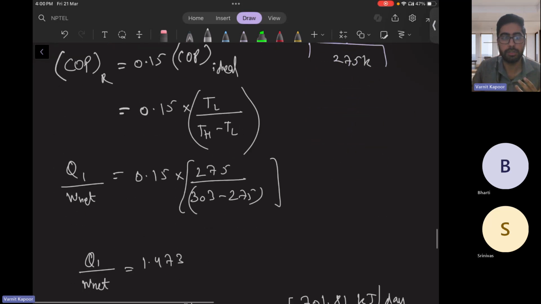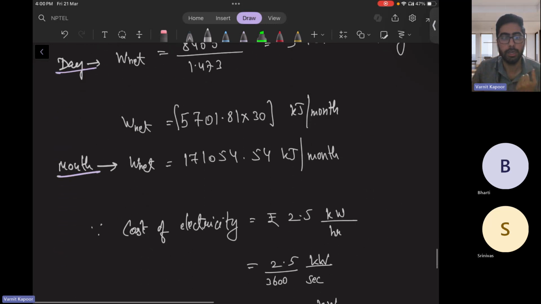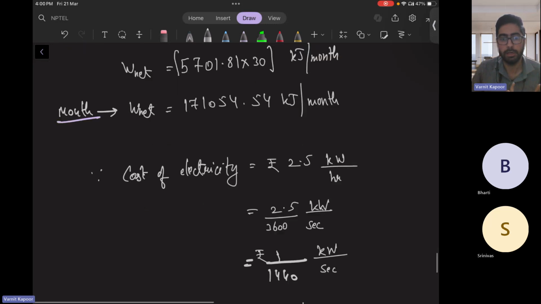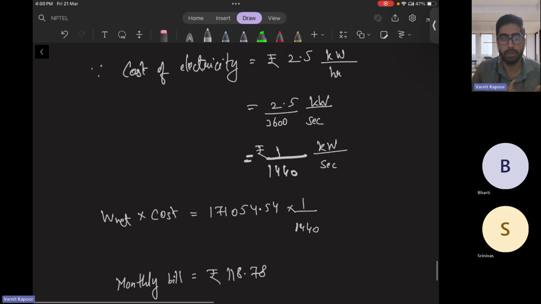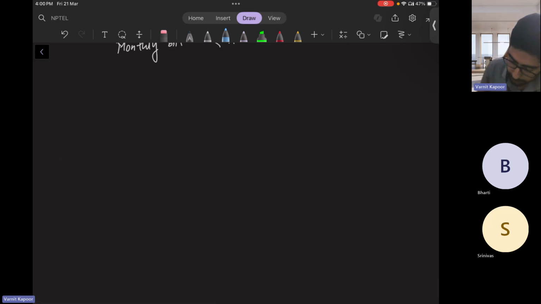We know the lower and higher temperature limits. We get Q1 by work net, and from there we get work net per day. For per month, you multiply by 30, and you know the cost of electricity is 2.5 per kilowatt hour. Convert it into seconds, so work net into cost comes out to be the monthly bill, that is rupees 118.7. Okay, now let's proceed to the next question.